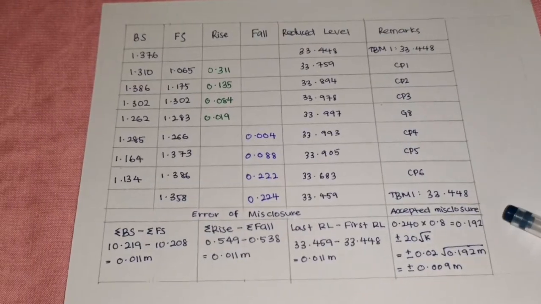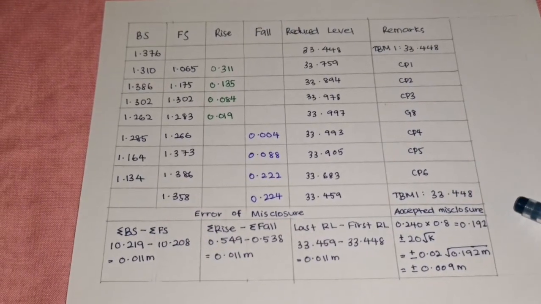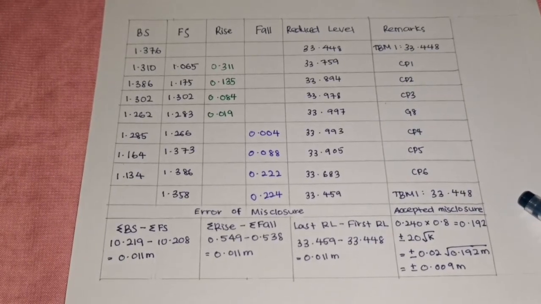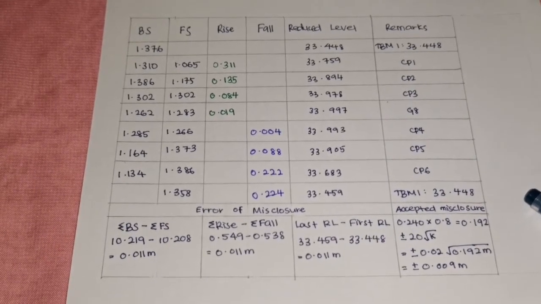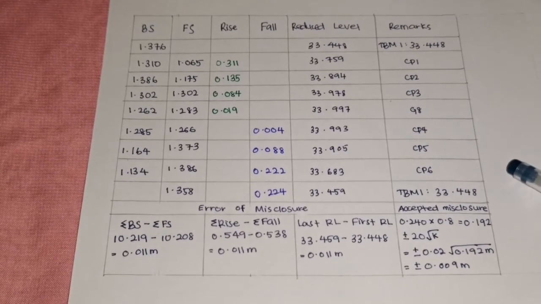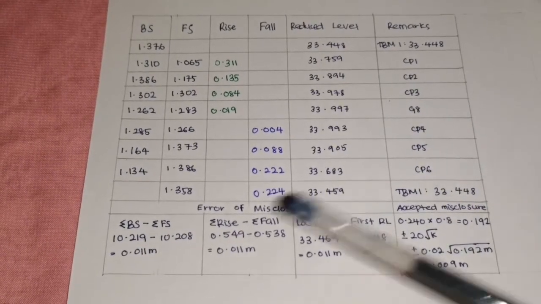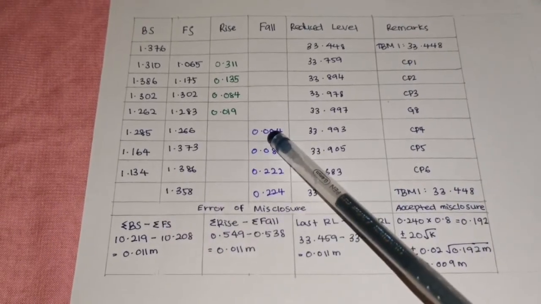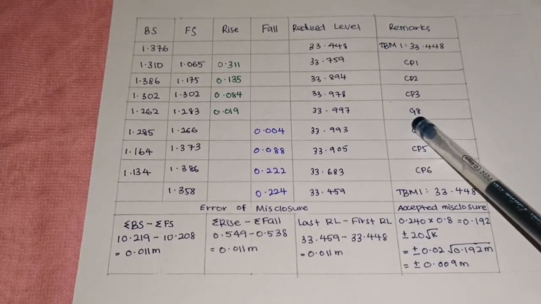This is the equation table that I mentioned before. I recorded all the values that I got from the procedure, then I put them in this equation table. Here we have BS, FS, rise, fall, reduced level, and remarks.